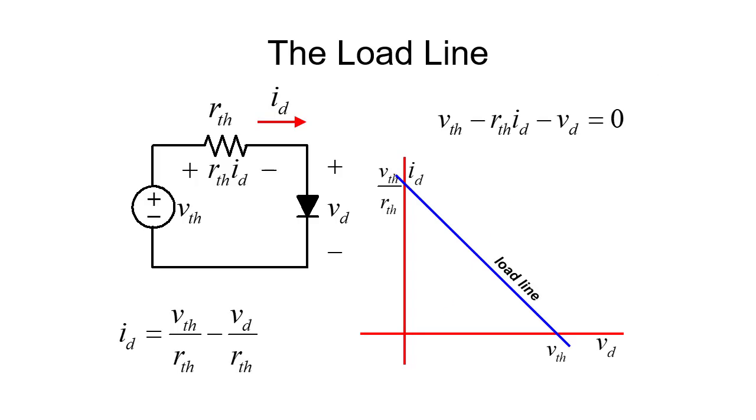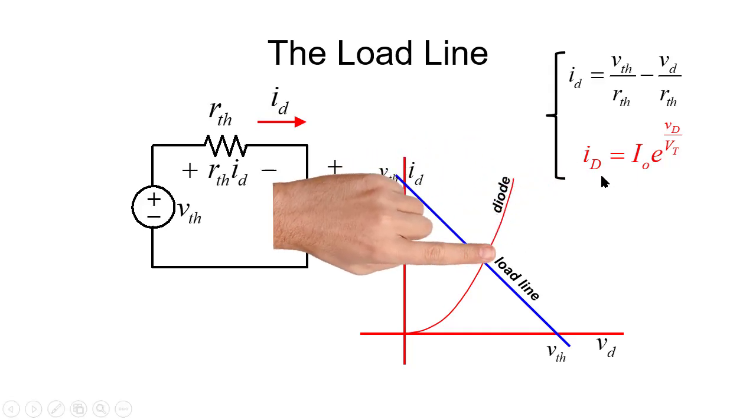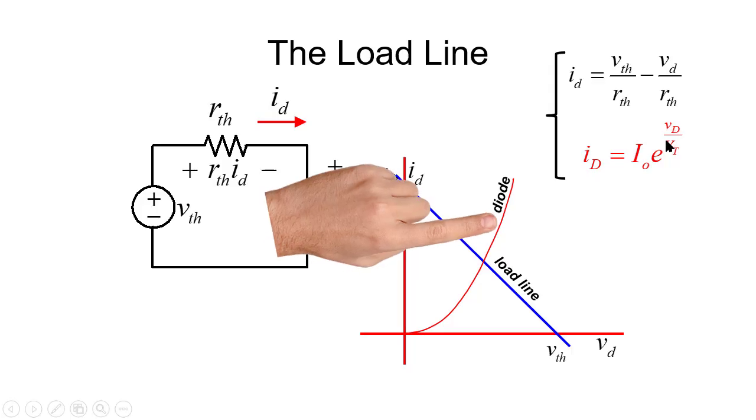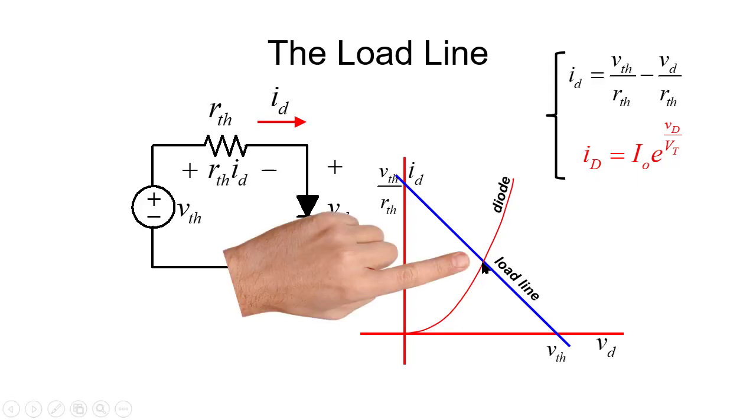But the equation of the diode is one we know pretty well. It's an exponential. That says that whatever we do, ID and VD must fall within the curve described by this equation. That gives us only one possible solution for that system of equations, the intersection of both curves.